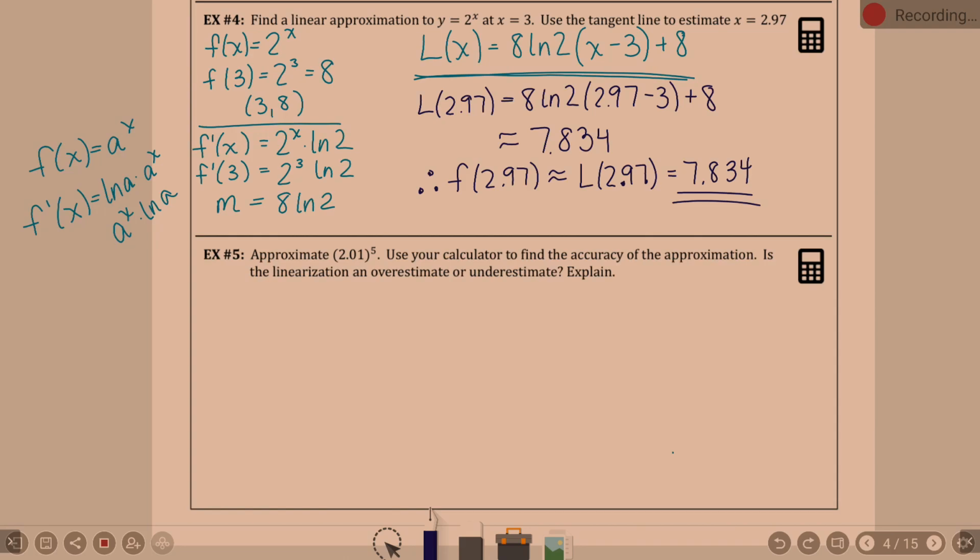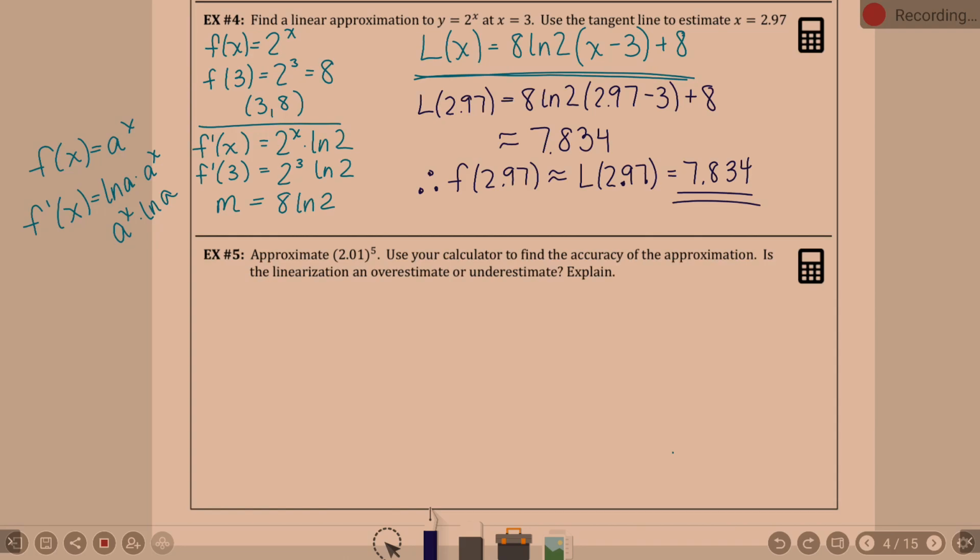What are they hinting at? y equals 2.01 to the x? Reverse that. I'm just going to say 2.01. 2.01 is the number that's going to be changing. That's your decimal, because we're going to look at what's happening to what's close to 2.01 at 2. In other words, to write our linearization, we're going to write it at 2.